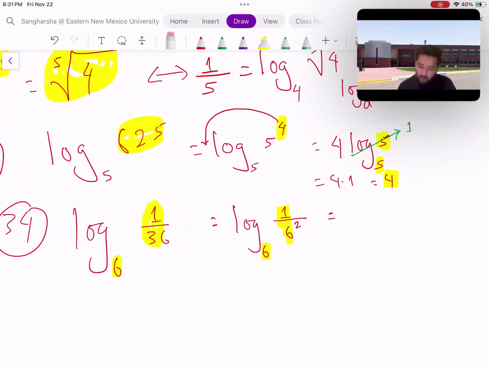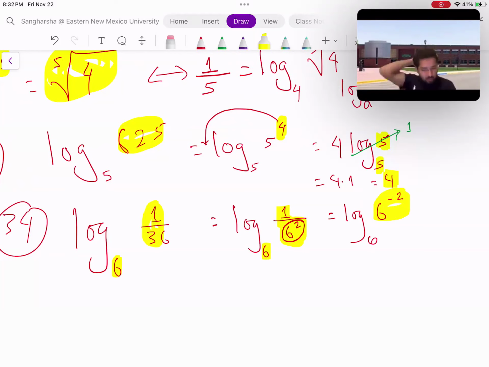So 1 over 6 squared is the same as, we can write this expression in the numerator by changing the sign of the exponent. So we have log of 6 to the power minus 2 to a base 6. Whenever you are writing an expression from the denominator to the numerator, you change the sign of the exponent.